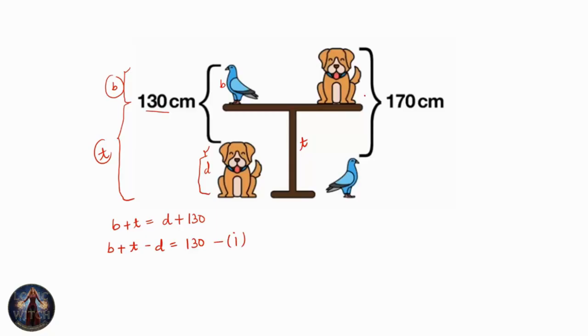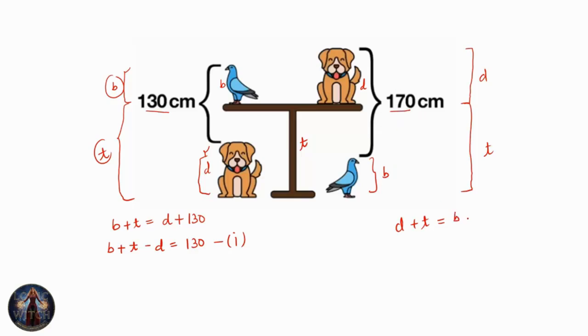Now if I see the right hand side, a dog is sitting on the table and his height is d, right? So can I write this much height as d? And from here to the base of the table, this much height is represented by t. And I can equate this d plus t is same as this b, that is the height of the bird, and this height, that is 170.